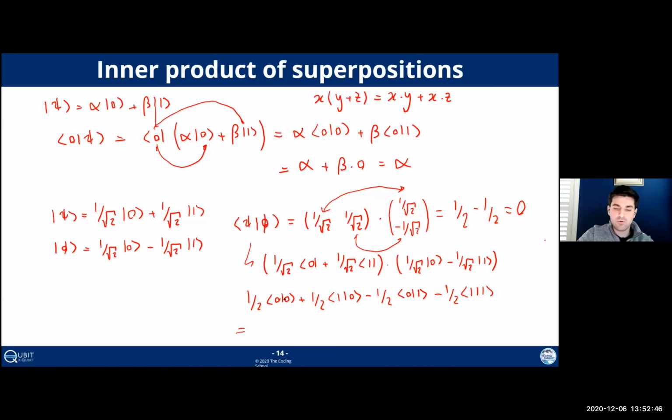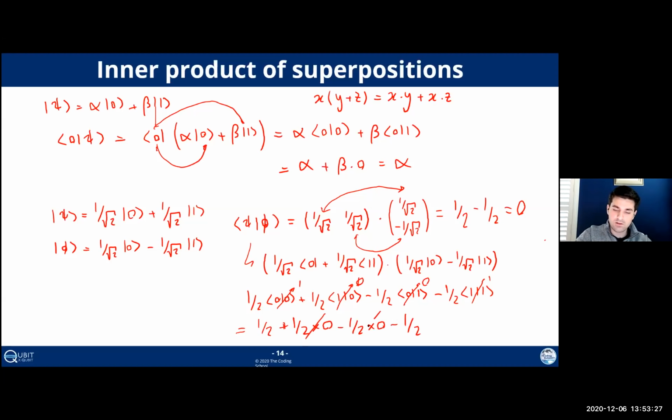So again, as you remember, the overlap of 0 with 0, or the inner product of 0 with 0, is just 1. So I'm going to have 1/2 here. This is 1. This one will be 0, because the 0 state and the 1 state have no overlap. Same over here as 0 here. And then the overlap of 1 with 1 is 1. So I'm going to have 1/2 plus 1/2 times 0 minus 1/2 times 0 and minus 1/2.